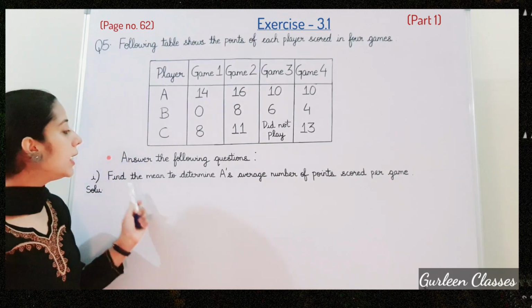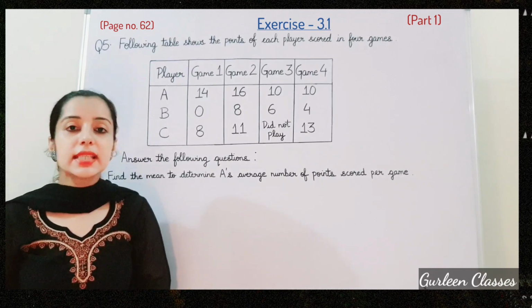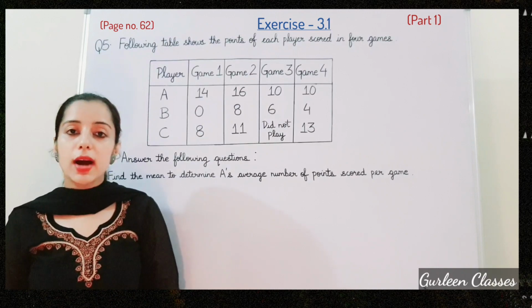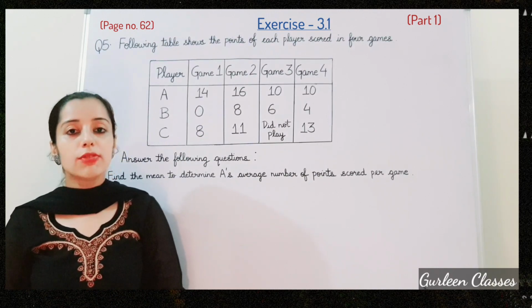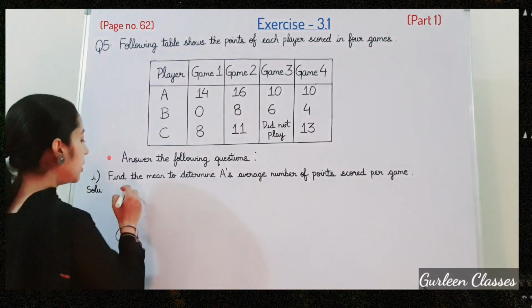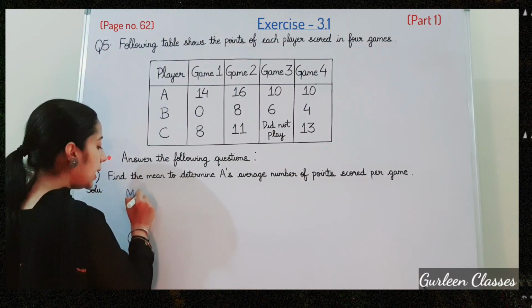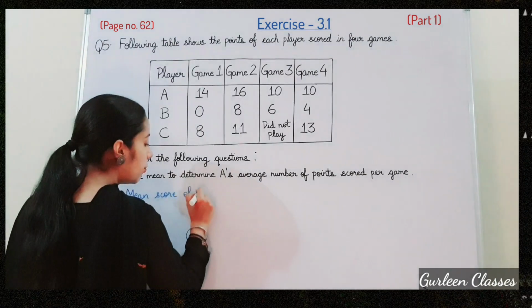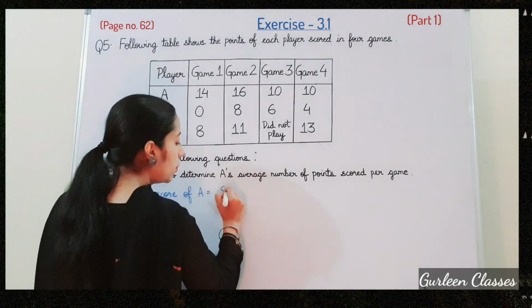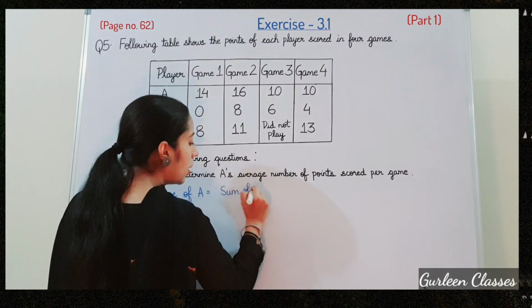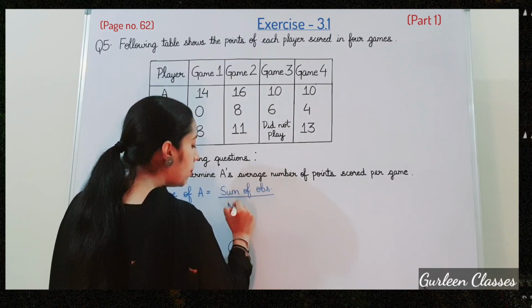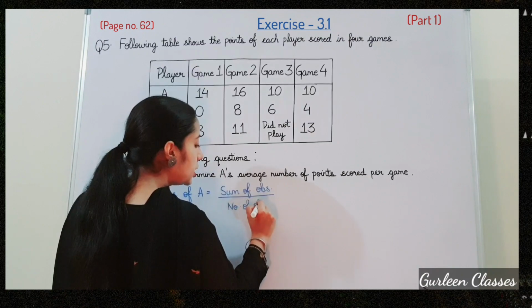First part, find the mean to determine A's average number of points scored per game. We have to find out here the mean score of A. So let us write here mean score of A, that is equal to sum of observations upon number of observations.